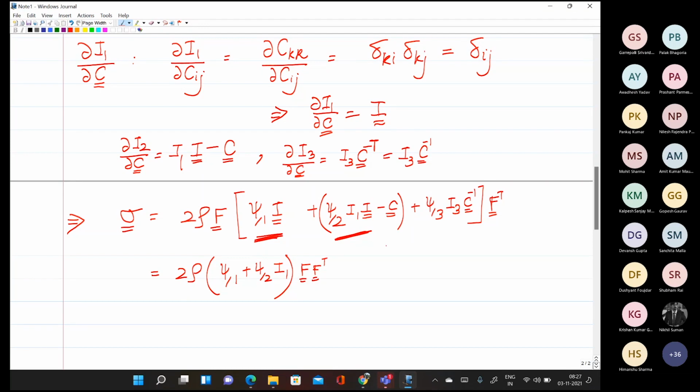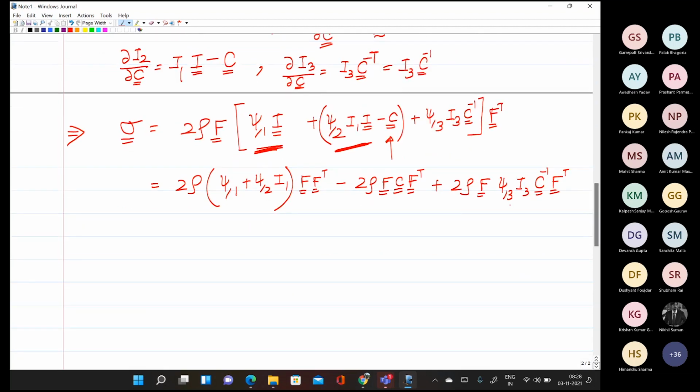Okay, now coming back to this one. So you get minus 2 rho F into C into F transpose. Okay, and then the last one, the plus sign, 2 rho F into psi comma 3 into I3 into C inverse into F transpose.